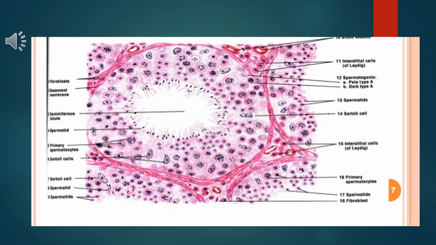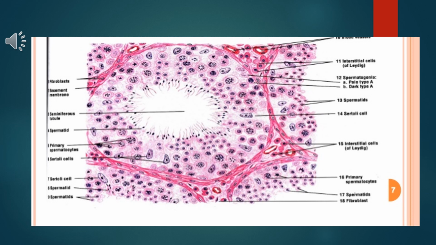You can see here the head is directed away from the lumen. You can see the sperms are arranged like this. This is a germinal epithelium which represents the different stages of spermatogenesis.